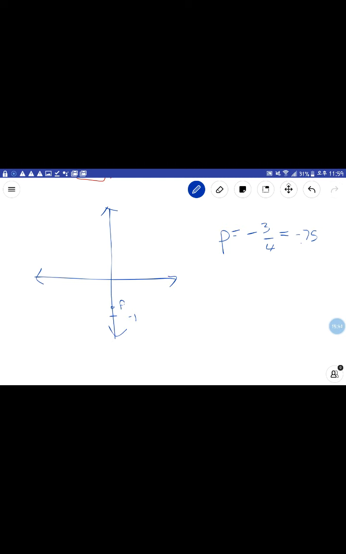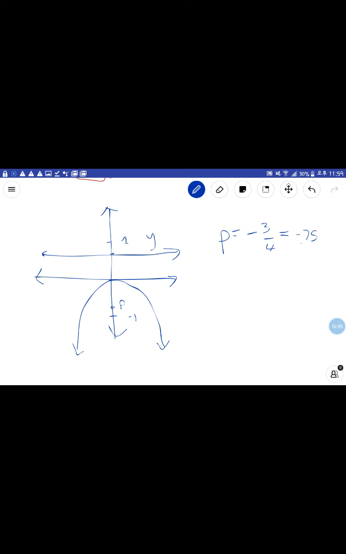Then your graph, we don't really have any transformation yet, so your graph looks like that. And then your directrix is right here, which is the same distance, which is y equals what? 3/4. So this is 1, and my directrix is going to be passing through here.